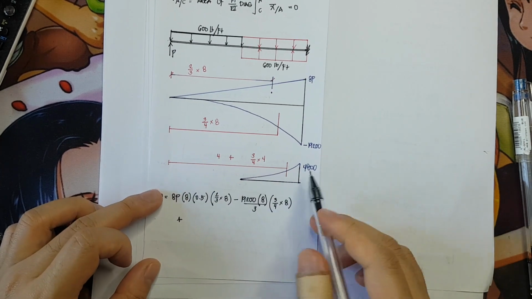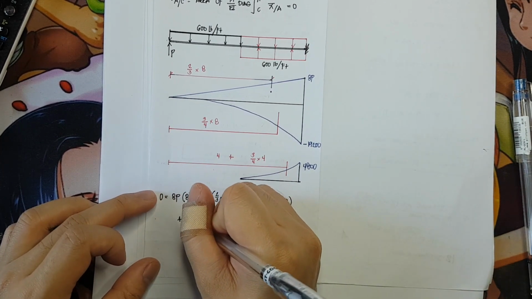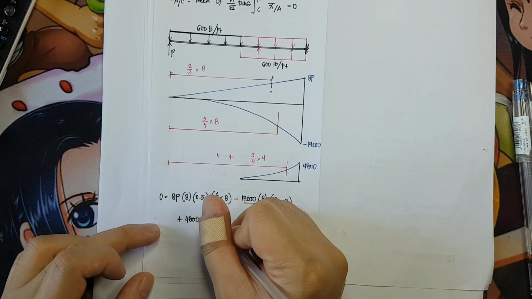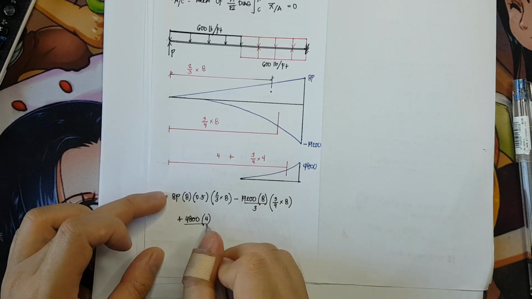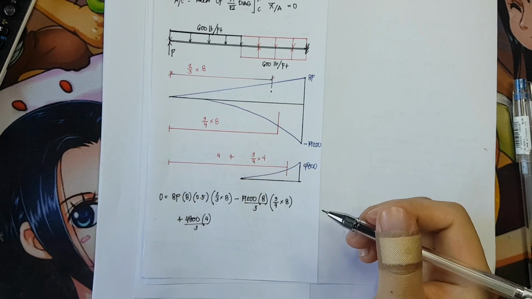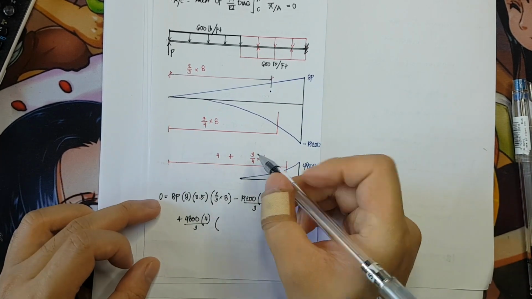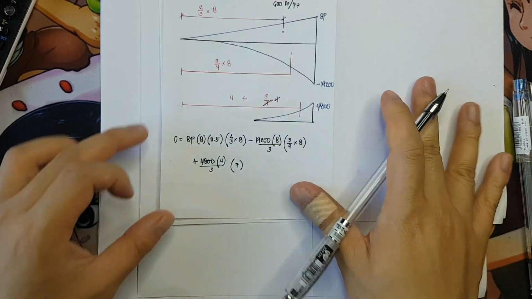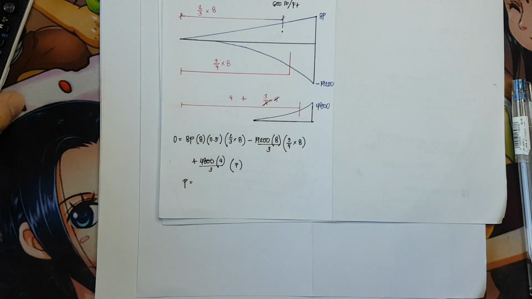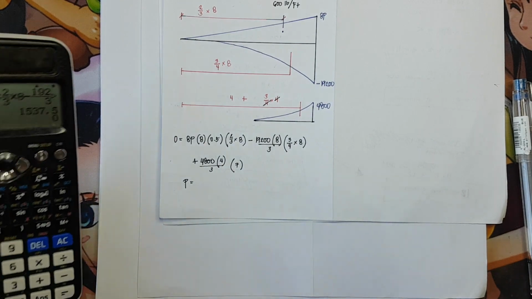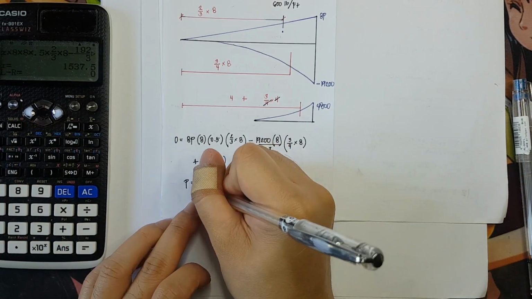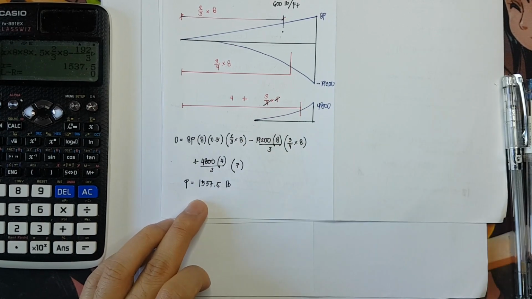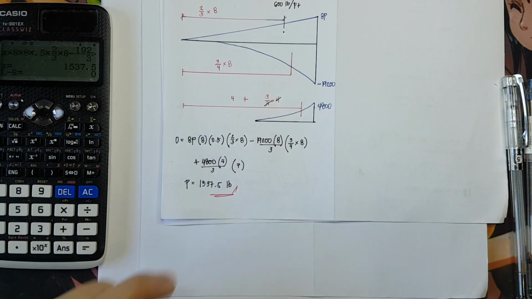So plus 4,800 times a base of 4 divided by 3, area of a spandrel, times the lever arm of, this will cancel out, so that is 7. Therefore, P is equivalent to 1,537.5 pounds. And that is the final answer.